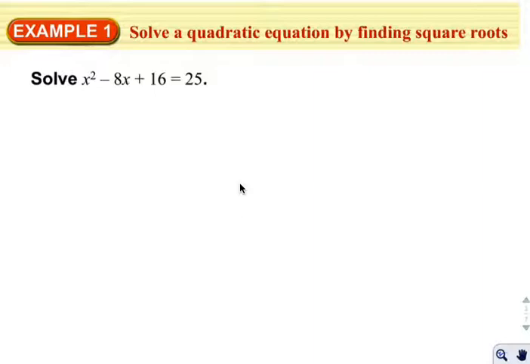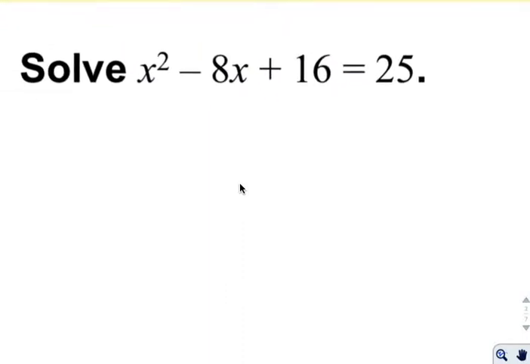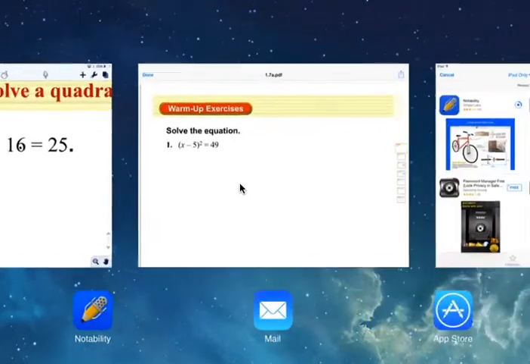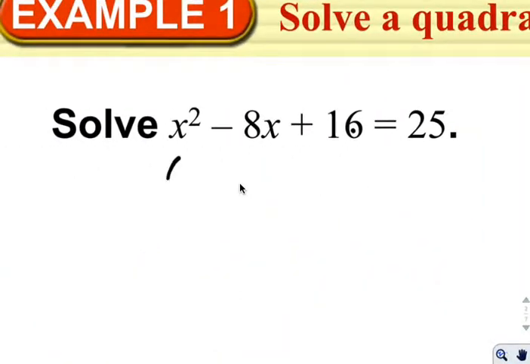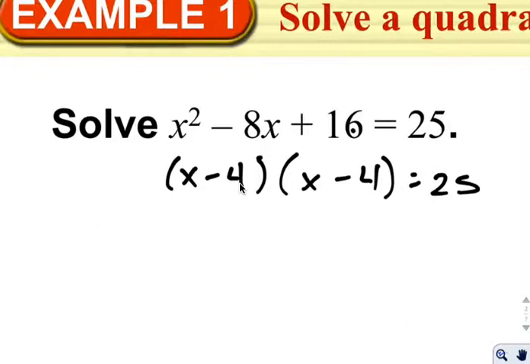So I'm not going to solve this by foiling, I'm going to solve it by actually identifying the square roots. So in this case, x squared minus 8 plus 16 will factor to be x minus 4 times x minus 4, and that equals 25.